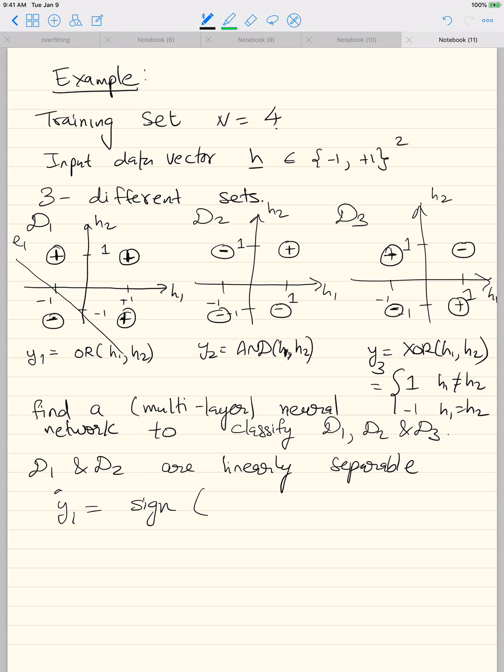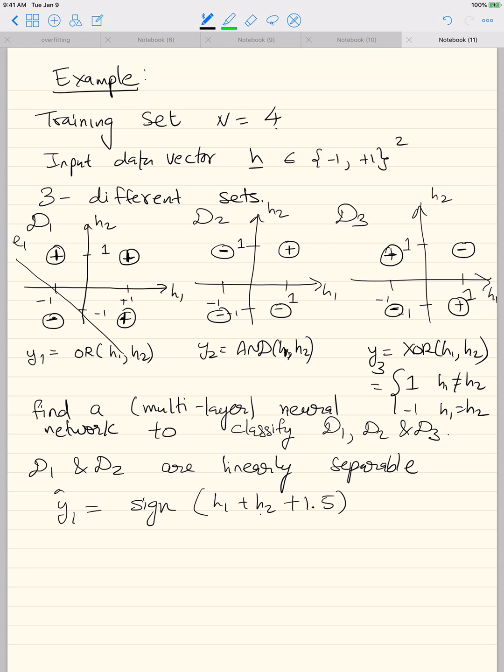Y1 is the sign of H1 plus H2 plus 1.5. So the idea here is that if H1 and H2 are one of the 3 points where at least one value is plus 1, the label is plus. And you can see that this rule correctly implements it.